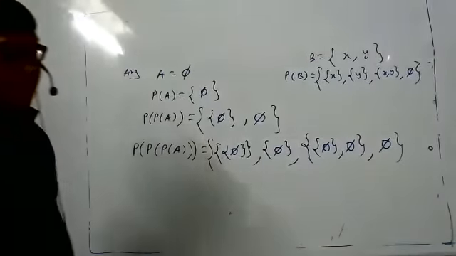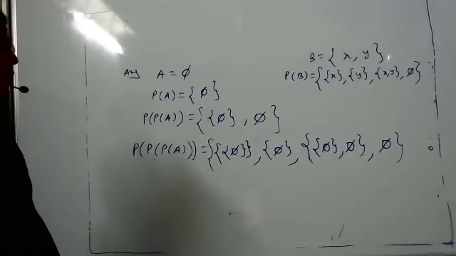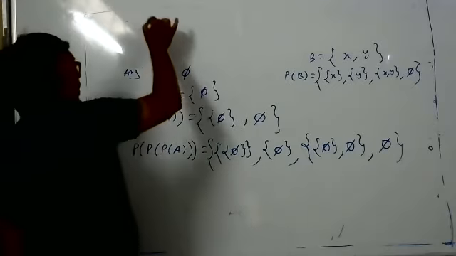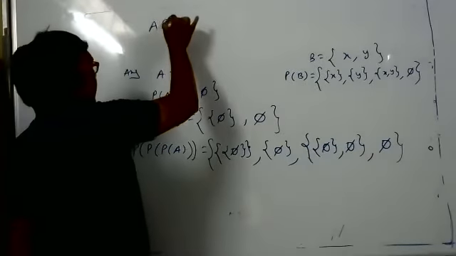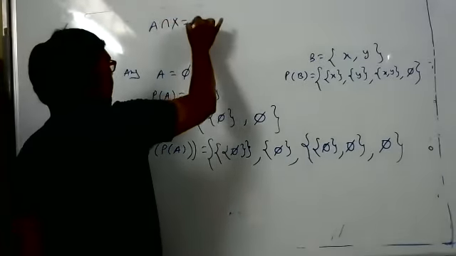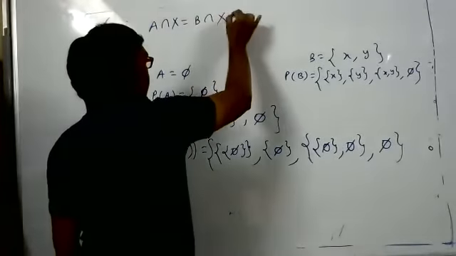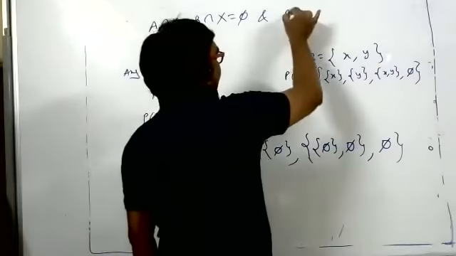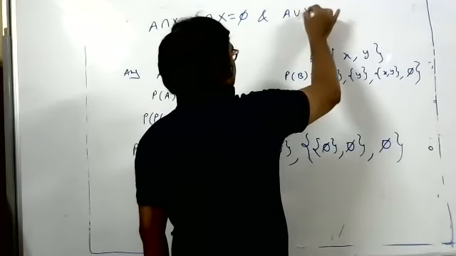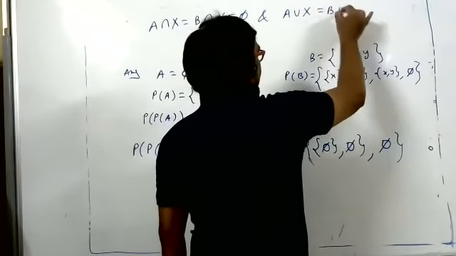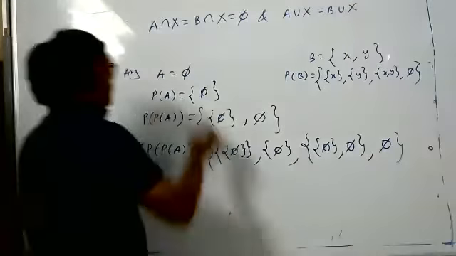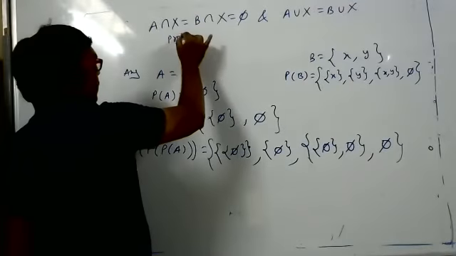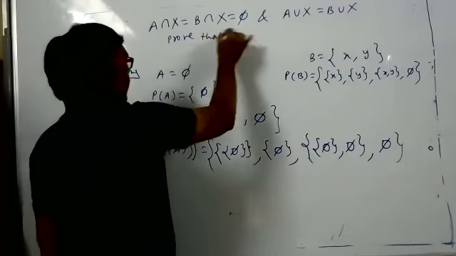If A intersection X is equal to B intersection X, equal to the null set, and A union X is equal to B union X for some set X, show that A is equal to B.